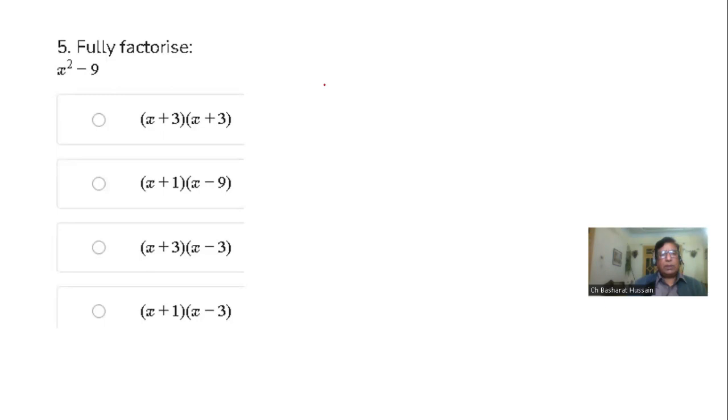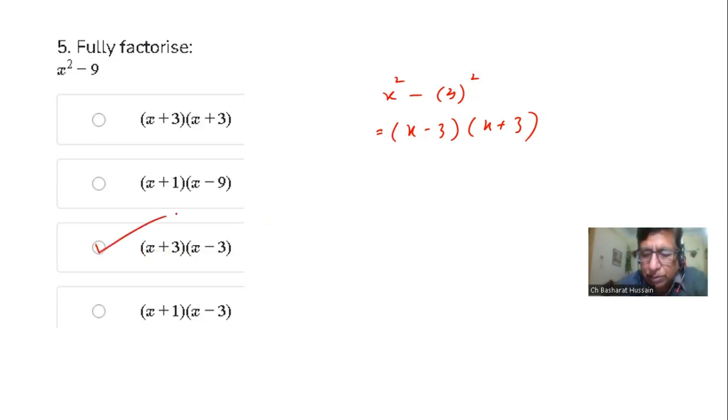Now x square minus 9. Here is a difference of two squares. This is 3 square. Apply the identity: x minus 3, x plus 3. Very easy, simple. So x plus 3, x minus 3 is the one. This one is the correct option. Okay.